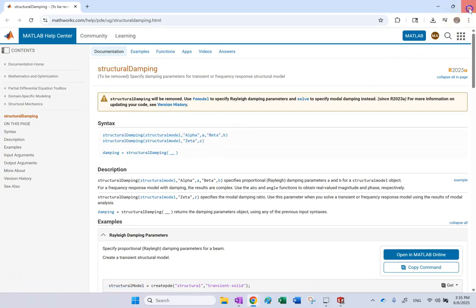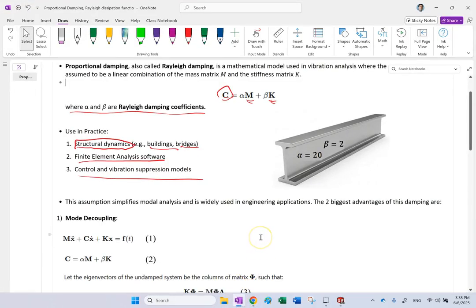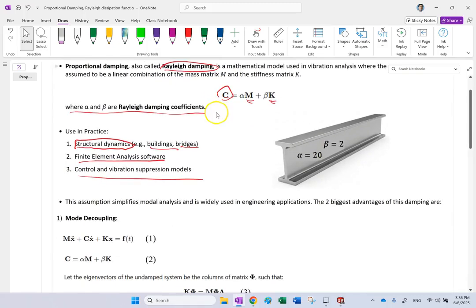So there are a couple of places where you can see this proportional damping used for structural modeling and structural members. And this model was, of course, as I said, proposed first by the scientist Rayleigh, or Lord Rayleigh.